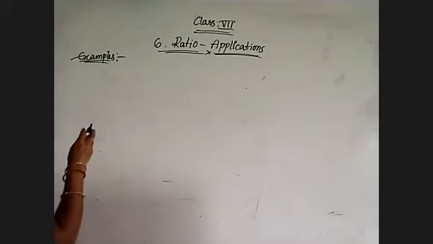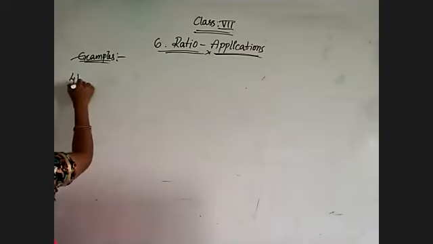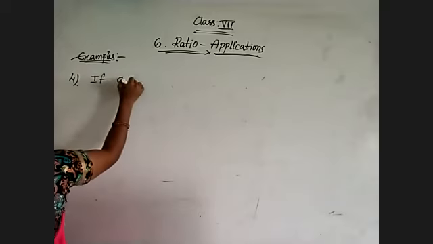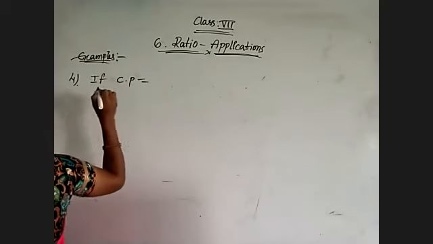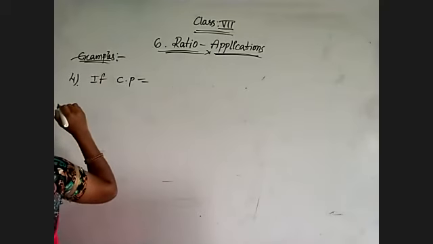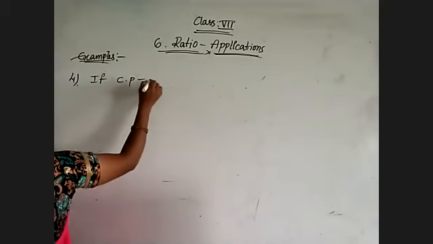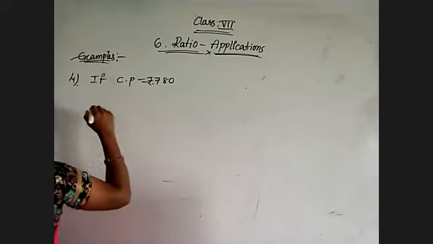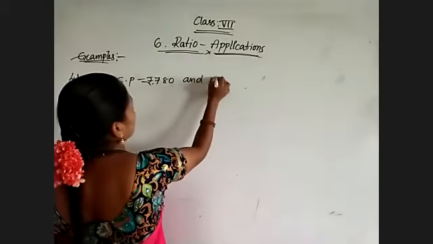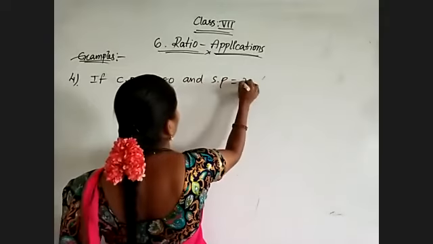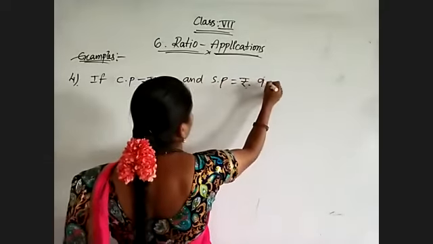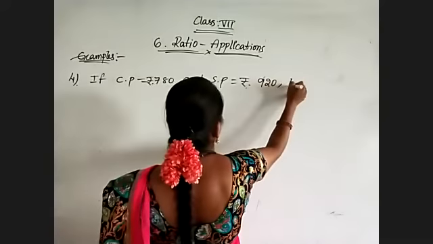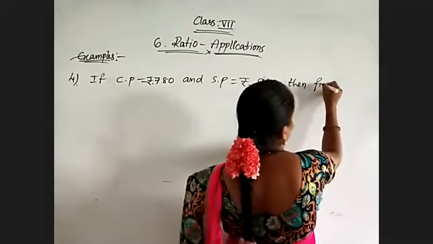Suppose directly they give the question: if CP is equal to 780 rupees and SP is equal to 920 rupees, find profit or loss.